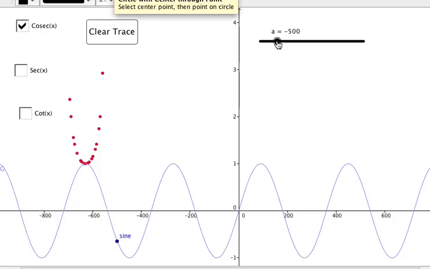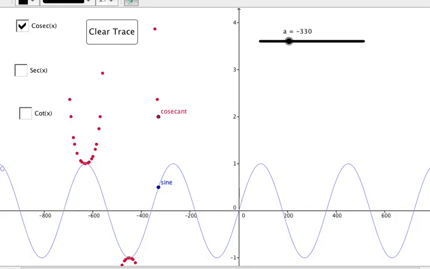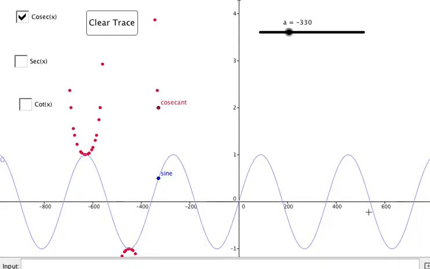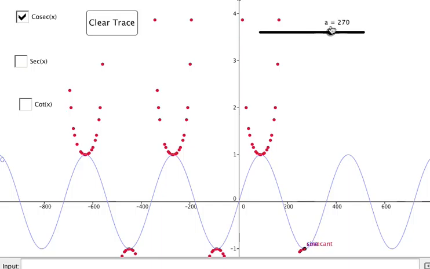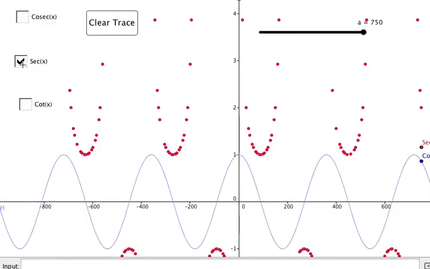See how it's doing pretty much the exact opposite, and it pops up down the bottom. And here it goes. And it keeps doing this obviously on repeat as well, as our sine graph just keeps repeating. So we'll have a look at our secant as well.